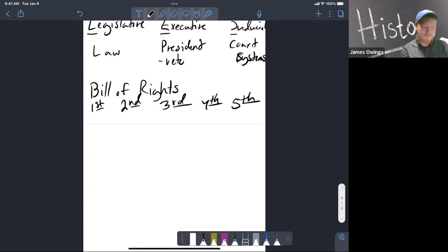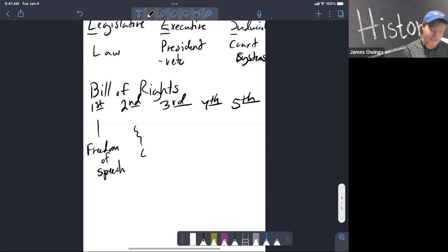They started with something as simple as the freedom of speech. They said, you can't talk about us in a bad way. You can't say or share anything that's going to make us look bad. And then they started taking away their guns because they said, if they don't have any guns, how else are they going to fight us? So no guns. And then beyond that, they also passed something that they call the Quartering Act.